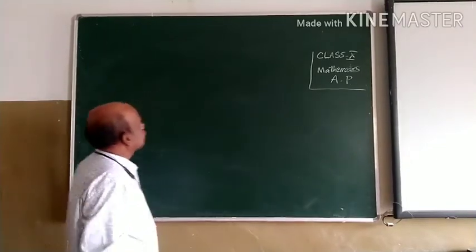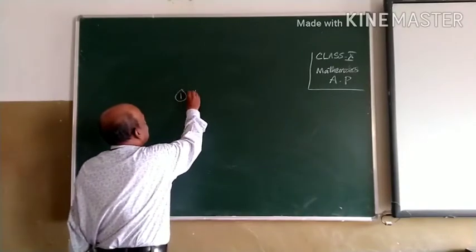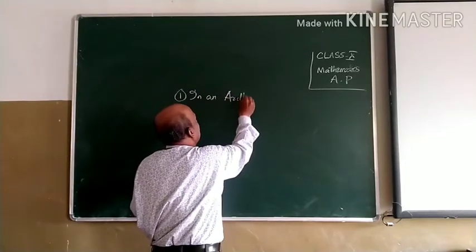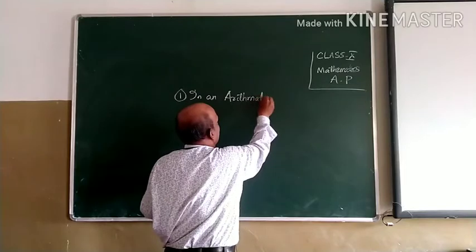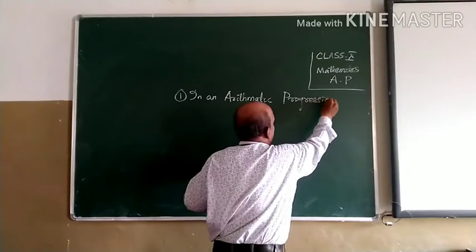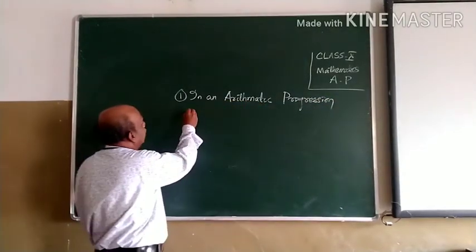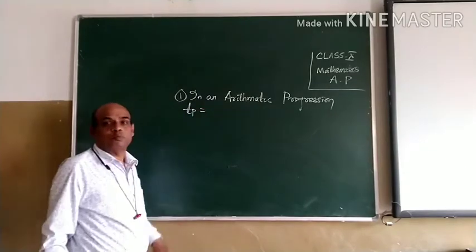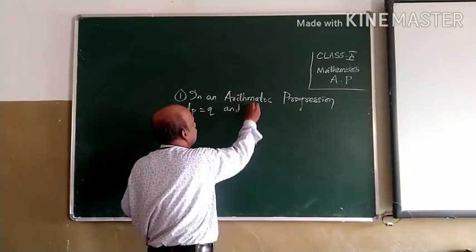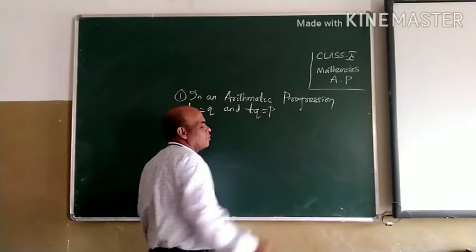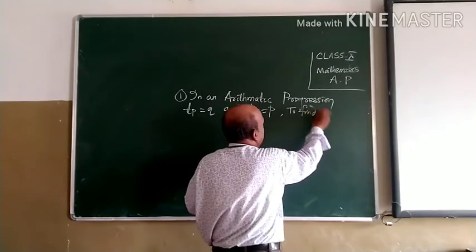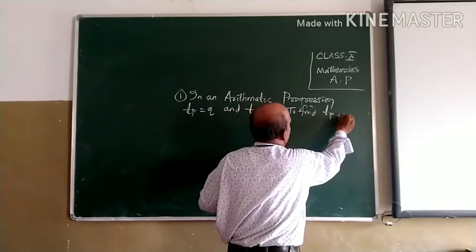Suppose the question is like this: in an arithmetic progression, the Pth term is equal to Q and the Qth term is equal to P. Then find the (P plus Q)th term.